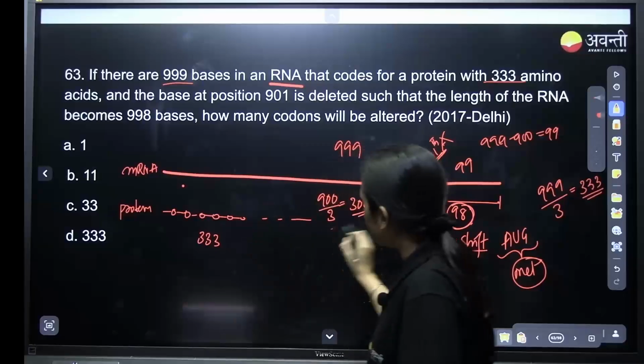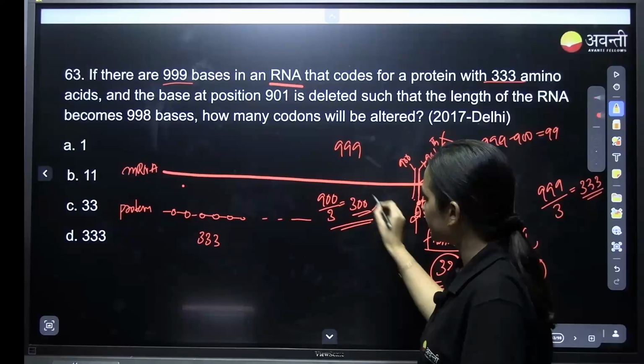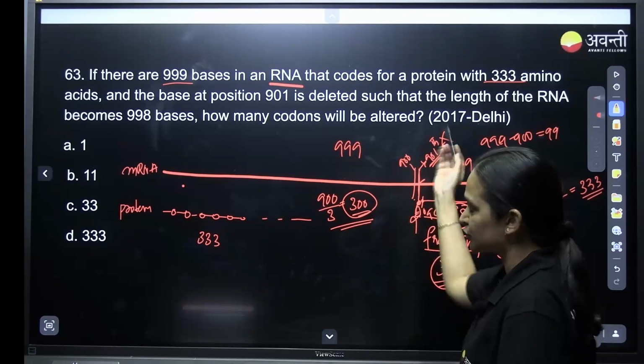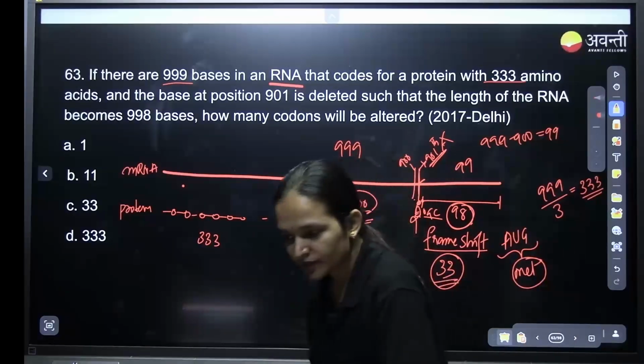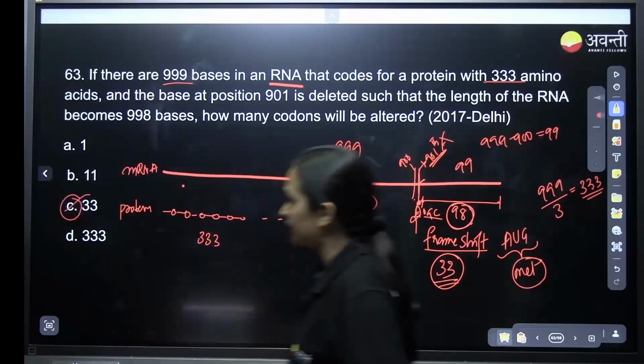With this you will get the answer: till 900 was correct, which means 300 amino acids are correct out of 333, so 33 are wrong. C is the correct answer.